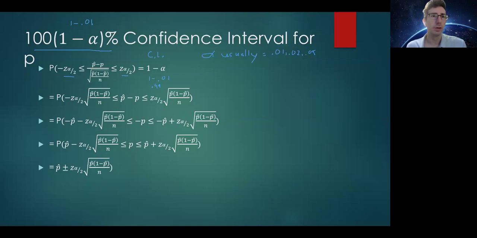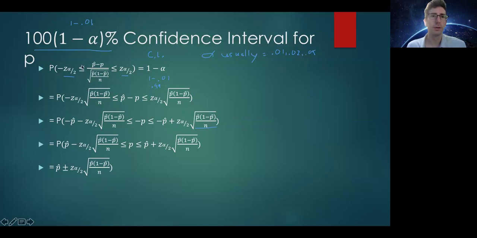Sorry, I lost my mouse all the way over there. If we change our confidence level, and notice too, to increase our confidence level, you have to decrease alpha, right? So a smaller alpha results in a larger confidence level.